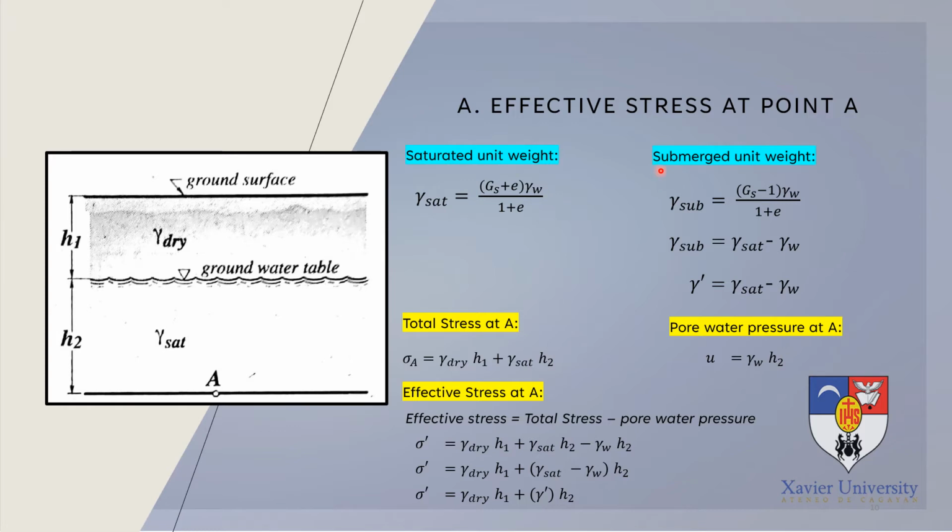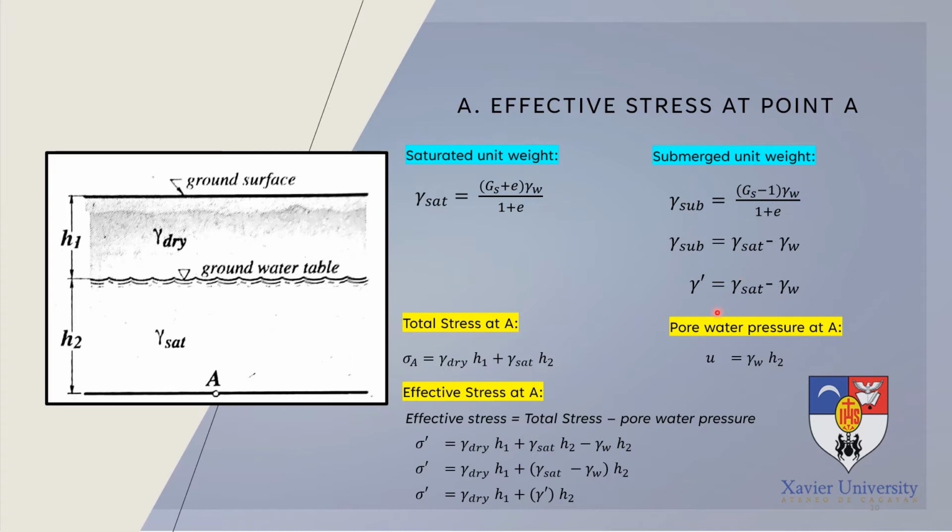You also have what we call the submerged unit weight, which is what we use in the computation of our effective stress at point A. The effective stress can be obtained by subtracting the pore water pressure from the total stress, or we could also use the submerged unit weight, because in some cases you might be asked for the submerged unit weight.